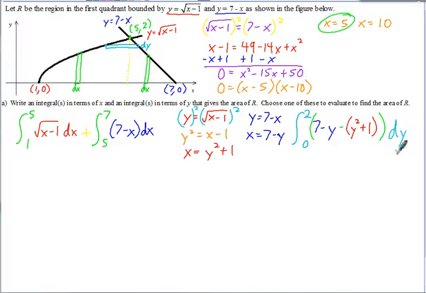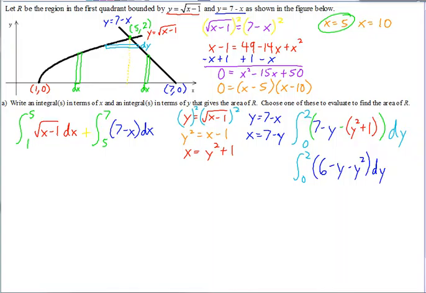It says now choose one of these to evaluate to find the area of R. You can do either one, but in this case it's probably going to be easier with the y's because it's only one integral, and notice we also get to substitute in 0. So let's work this one out. If you simplify what's inside there, we'll get 7 minus 1 gives you 6, minus y, and minus y squared, times dy.